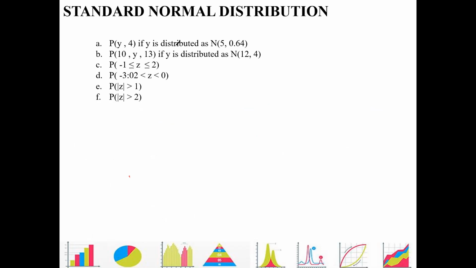So E and F is the absolute value naman daw ng Z is greater than 1. So ano yung tinutukoy naman sa absolute value ng Z? Okay, we try to draw the graph first. So ito yung 0. Ito yung 1. Ito yung -1. So anong tinutukoy naman sa value na yan? So sabi niya is absolute value ng Z is greater than 1.